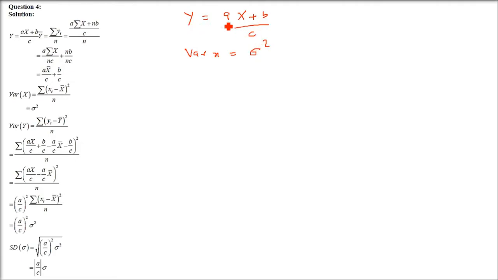So y is already given, x is there, and we know what is y bar or x bar. It is sigma y by n. Sum all the elements of y and then divide by n. So what do we do here?